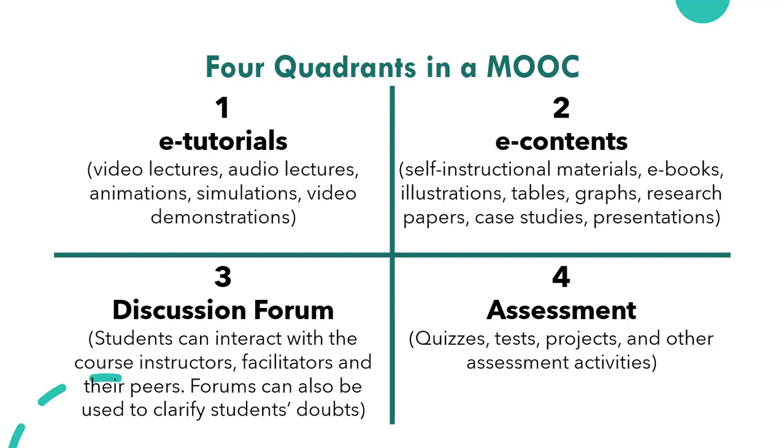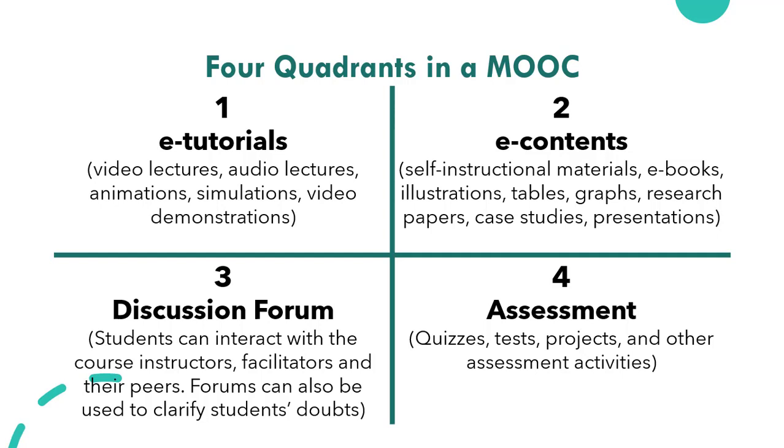The first quadrant is e-tutorials, which includes video lectures, audio lectures, animations, simulations, video demonstrations, etc. And the second quadrant is e-contents. And this quadrant includes self-instructional materials, e-books, illustrations, tables, graphs, research papers, case studies, presentations, etc.